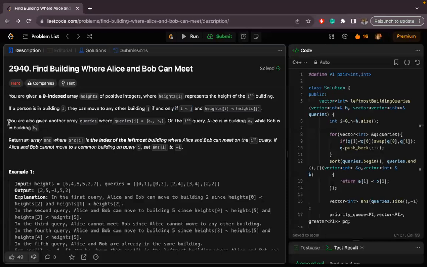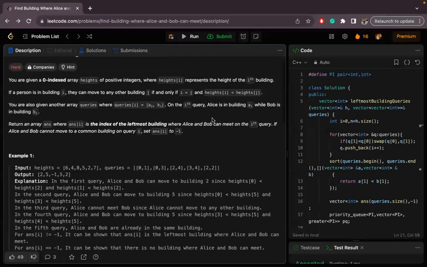You are also given queries, and for each query you are given the indices of Alice and Bob. These two people, Alice and Bob, can move to a building where they both can meet, right? To find that, you have to find out their movements and where they can meet.